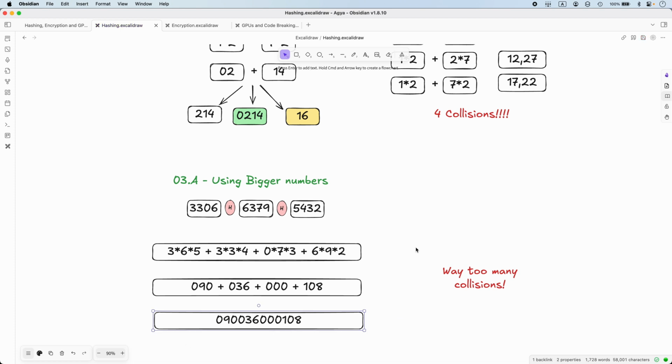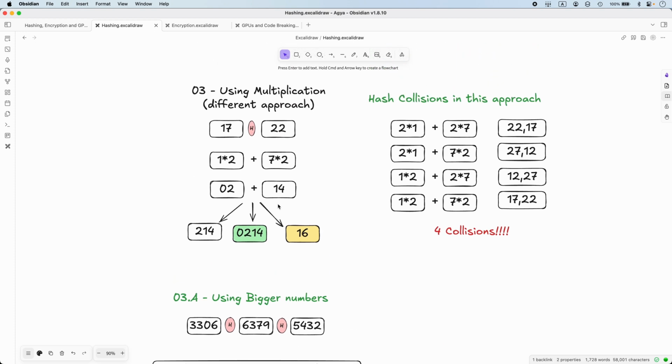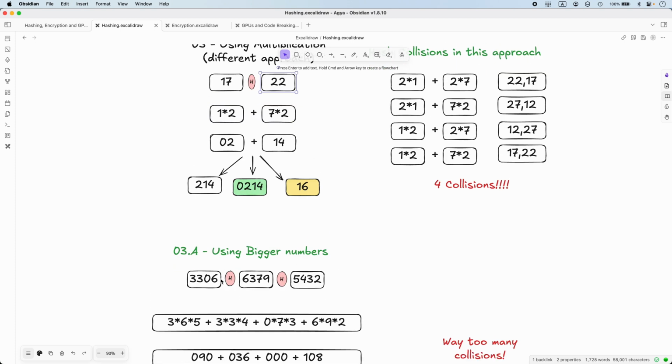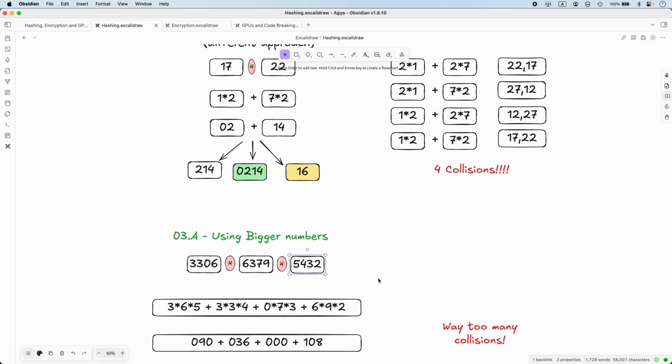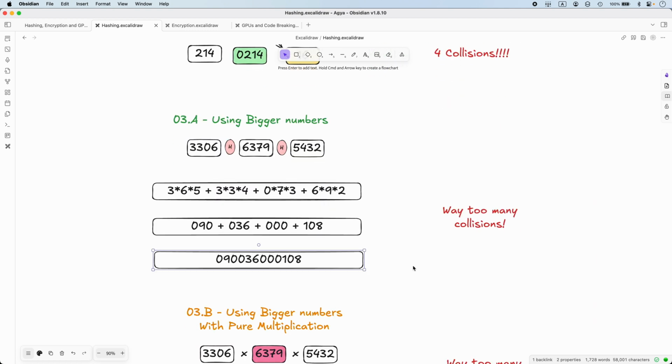What I want to show is increasing the input size does not always result in a good hashing algorithm.